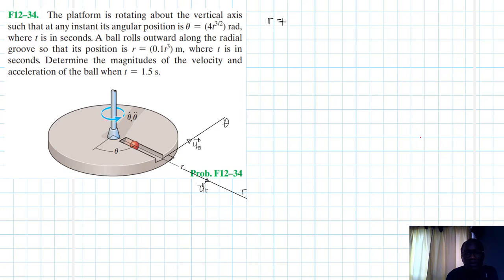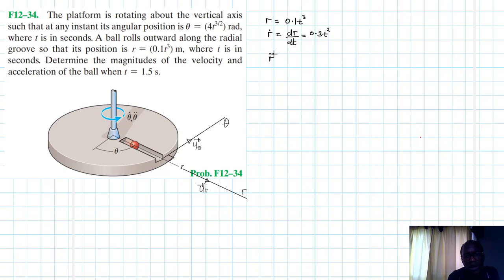So r is equal to 0.1 t cubed. Let's find the first derivative with respect to time. r dot, which is dr/dt, is equal to 0.3 t to the power 2.